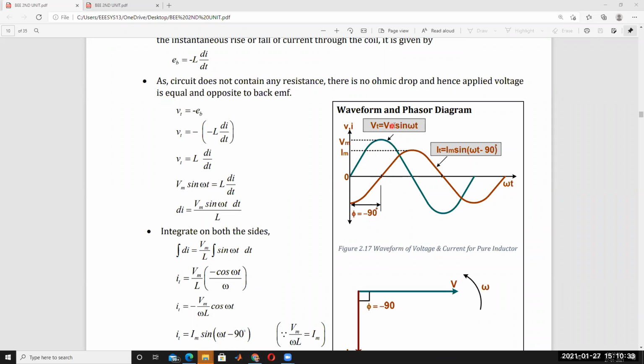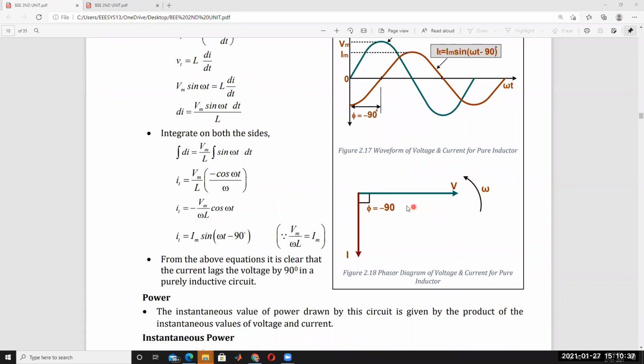This is the waveform representation and phasor representation.